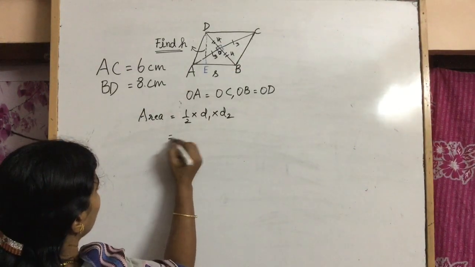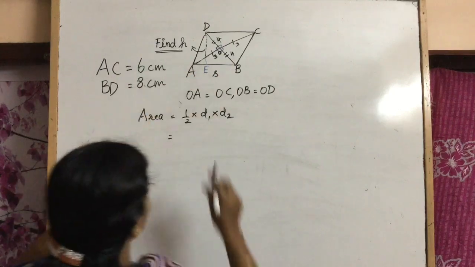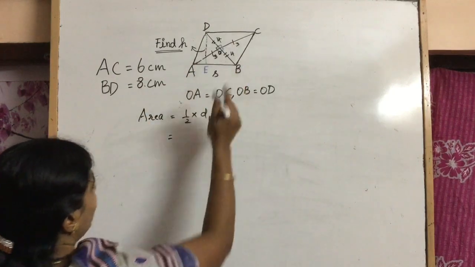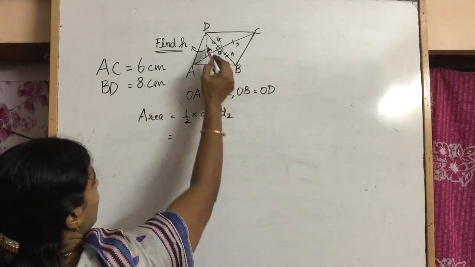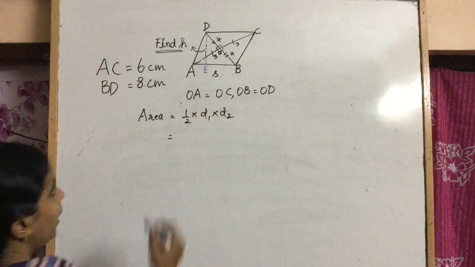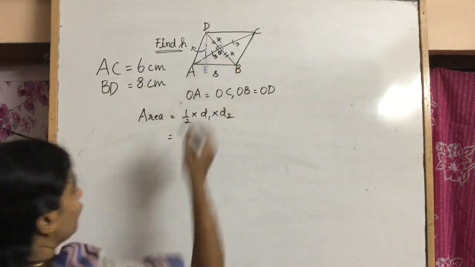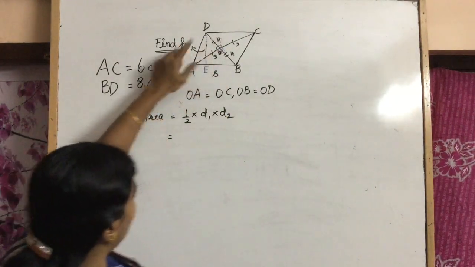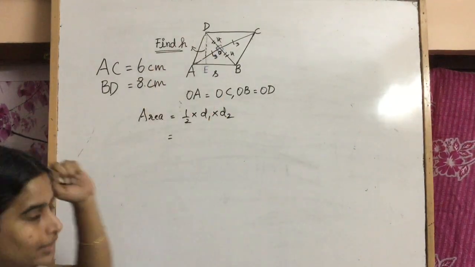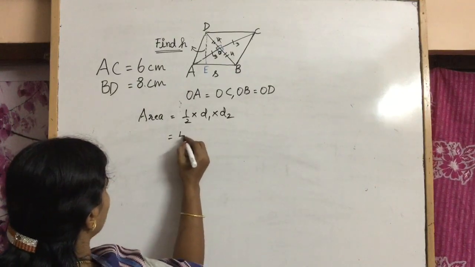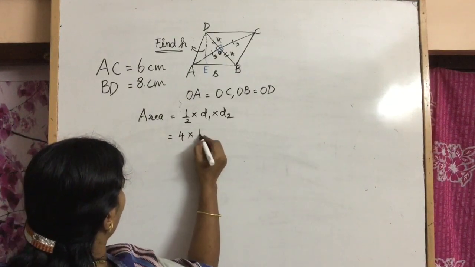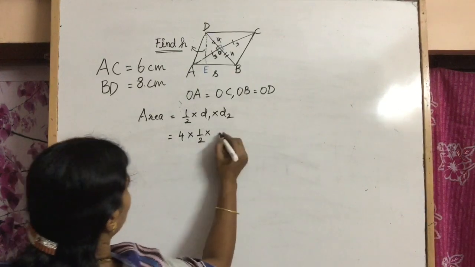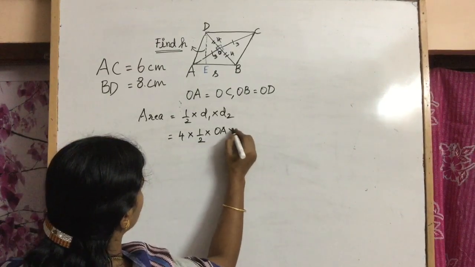We can rewrite this as: the area will be equal to the sum of the areas of these four triangles. And we know that the area of a triangle is half into base into height. So when we see all the four triangles, they have the same base and the height. So we can rewrite this as 4 times half into base, which is OA, into OB.